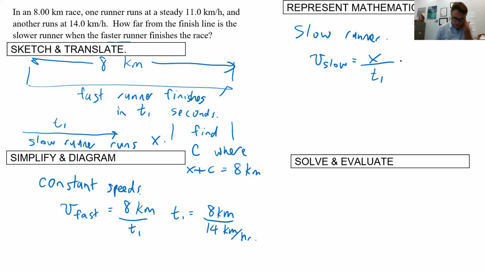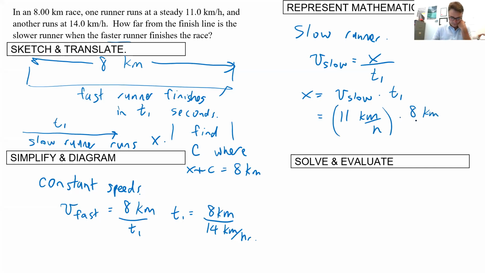So I'm going to solve this one for X, V slow multiplied times T1. So you're going to have 11 kilometers per hour times 8 kilometers divided by 14 kilometers per hour. And then C is going to be 8 minus X.